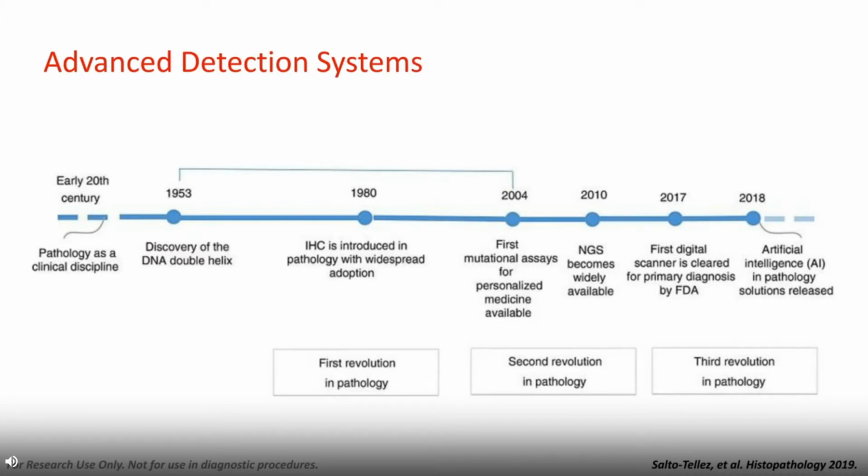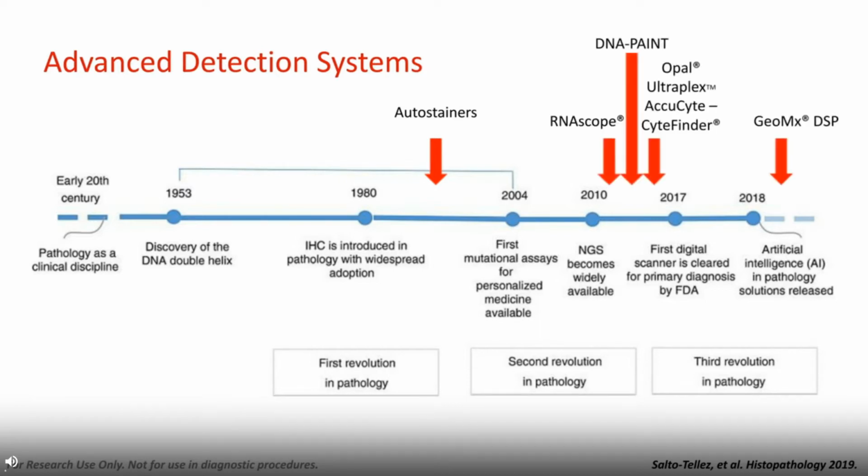And this is mainly because of the introduction of autostainers, so automated systems of being able to stain samples that could be assessed by pathologists. And by introducing these autostainers, it means now we can look at standardizations of protocols and more robust methods of analysing tissues. And this has led to the development of new systems, advanced biomarker systems, to detect proteins or targets in the tissue.